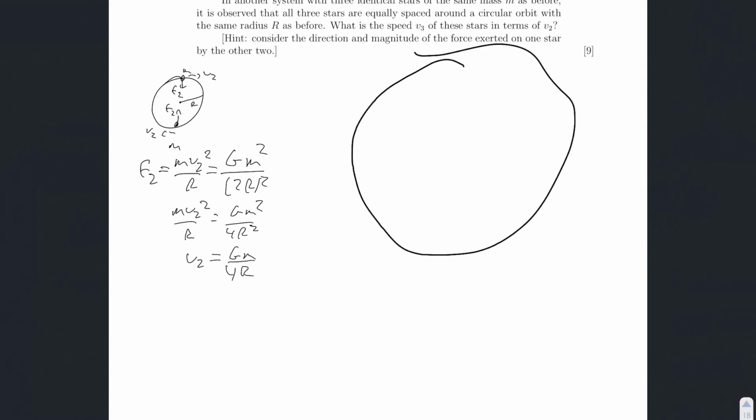Now, for the more complicated one, I'm going to draw a bigger circle here. We have them here, here, and here. So we have m, v3, m, v3, m, v3. And then we have the centre here with radius r.